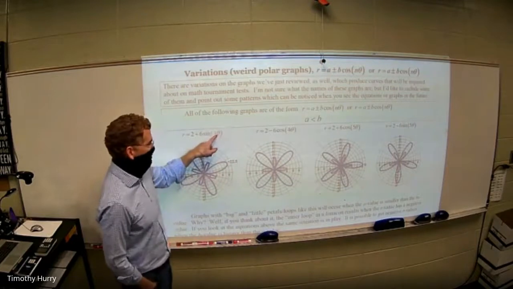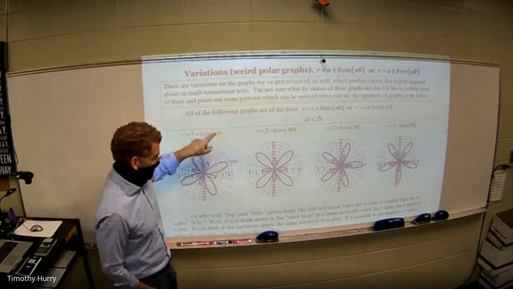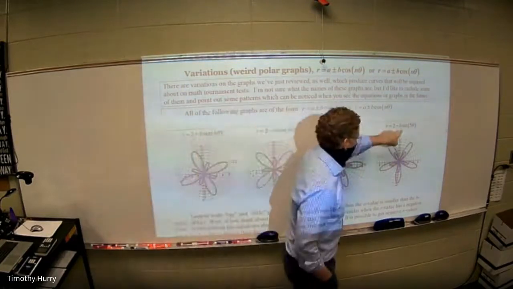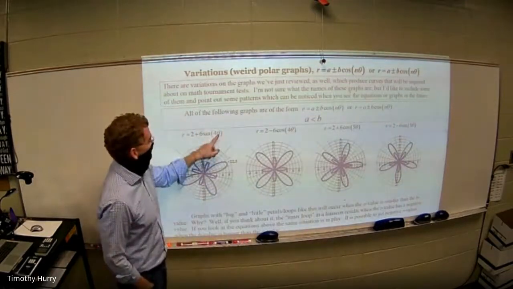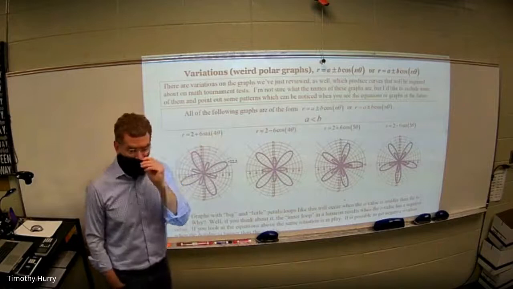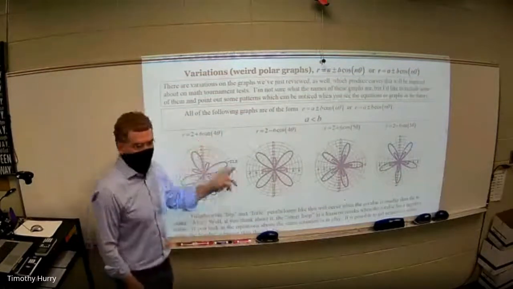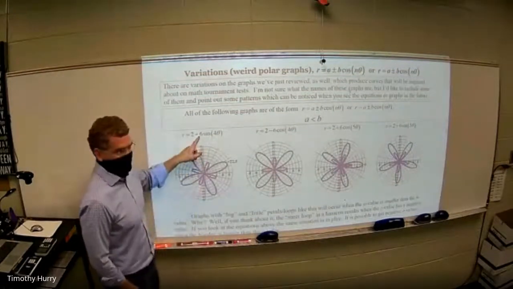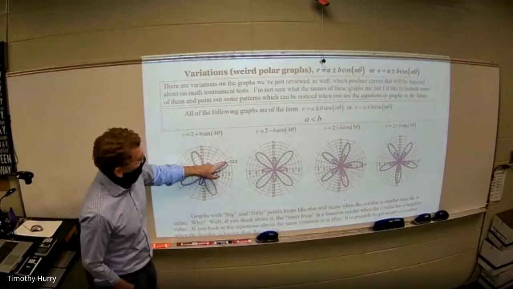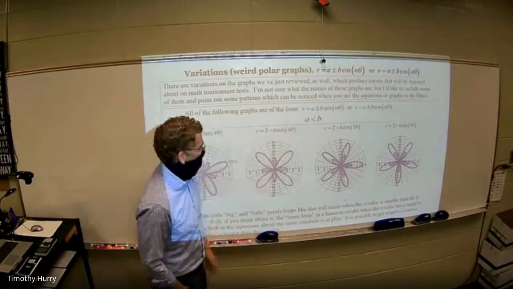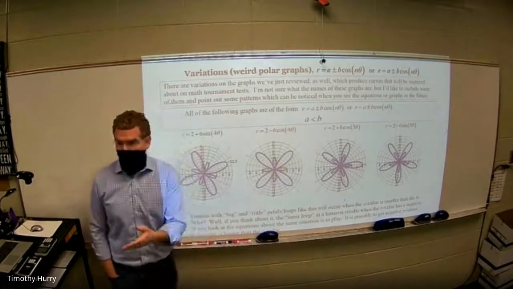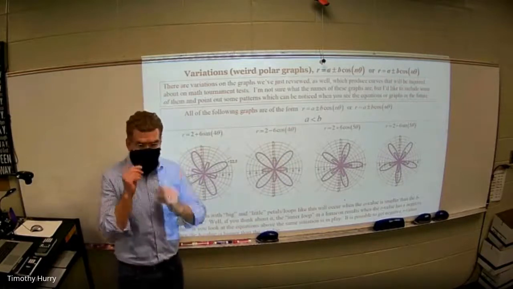If I plug 22.5 in there and there and there and there, only one of them is going to give me a value of 8. Like 4 times 22.5 is 90. Sine of 90 is 1. 1 times 6 is 6 plus 2 is 8. That's 8. Here at 22.5, when I try that, I don't get 8. So a lot of times you can actually figure these out without these rules.